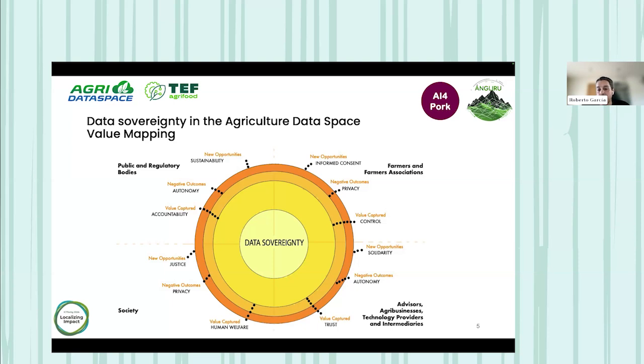And for the society as a whole, it's also a problem with privacy in the sense that maybe they can be also identified, even if they are not participants directly, not producing participants in the agricultural sector, just consumers. It might be also a risk. But on the other hand, there is a benefit from this overall situation of having data sovereignty in place. Okay, so this is basically an analysis that we conduct beforehand to guide how we design these agricultural data spaces based on the mechanism of data sovereignty.